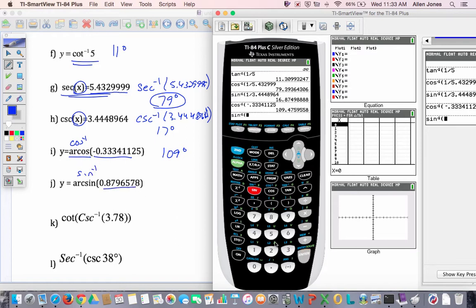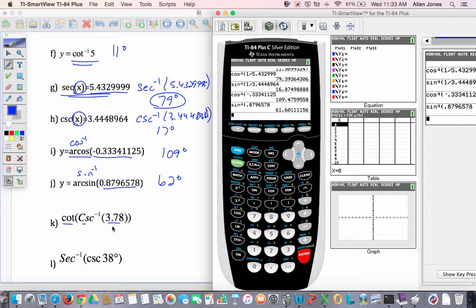Arc sine, again, same thing as inverse sine. This is a ratio, so inverse sine of 0.87965778 gets us about 62 degrees, 61.6 degrees.